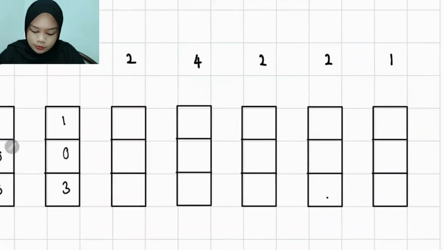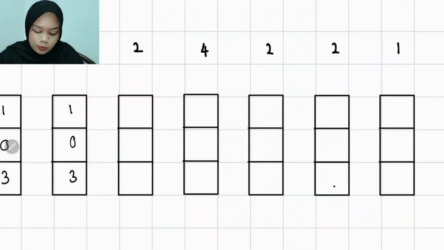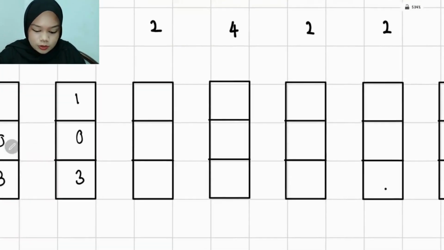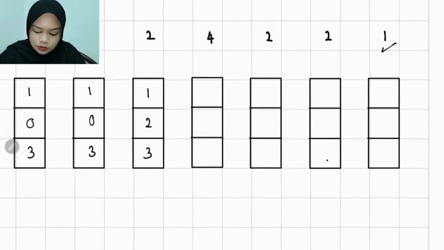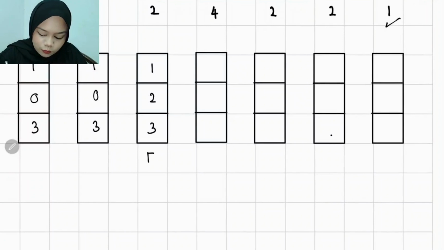We compare 103. 1 is used in the future, and 0 and 3 are not, so we can choose either. I will choose 0 to be replaced with 2. So it will be 1, 2, 3. By the way, this will be a fault.